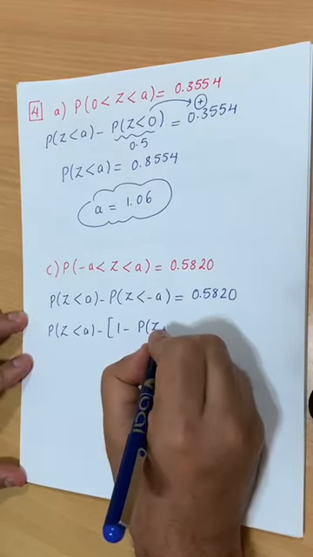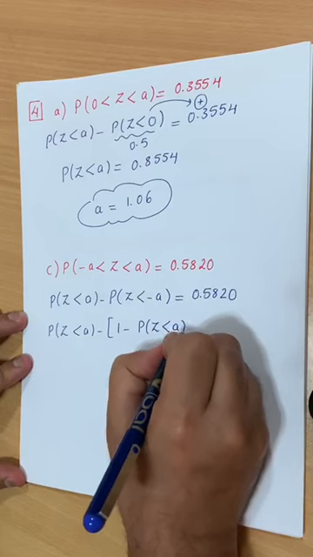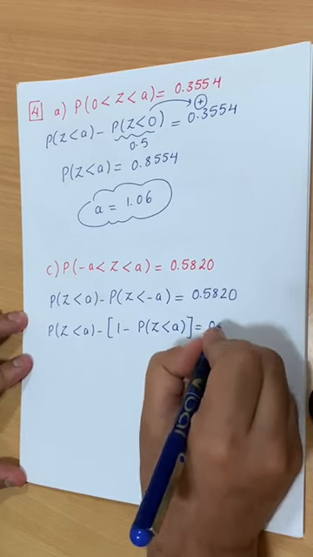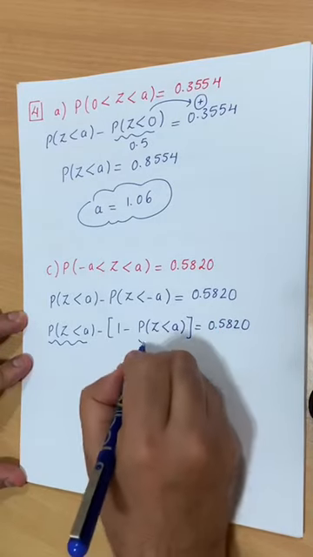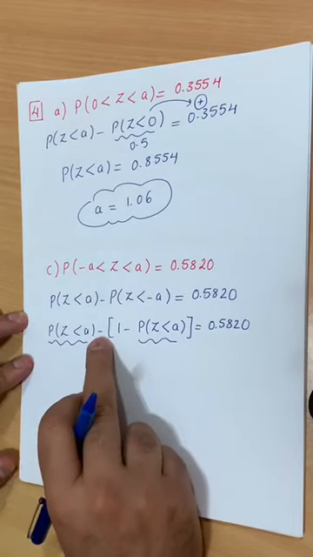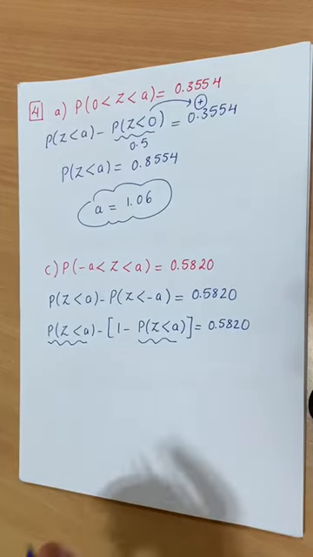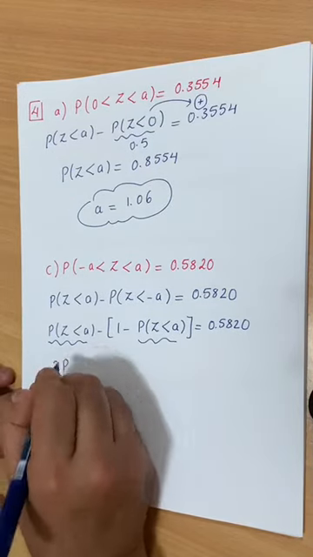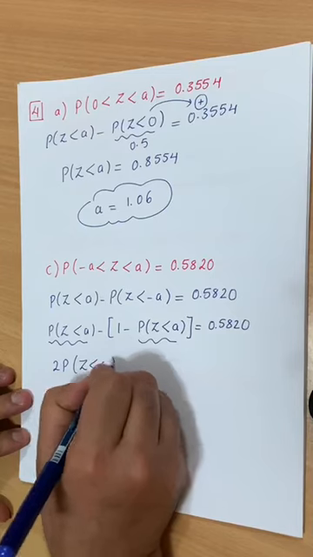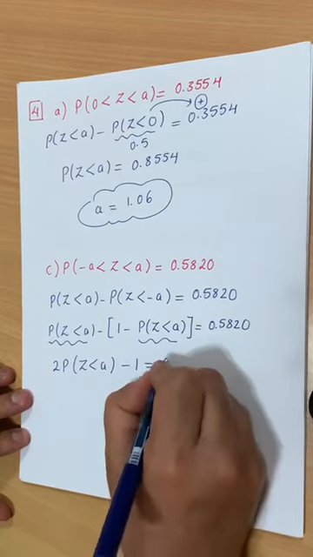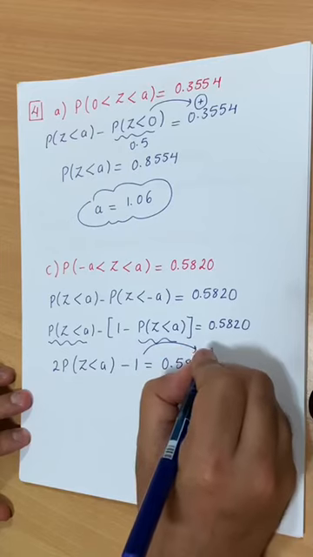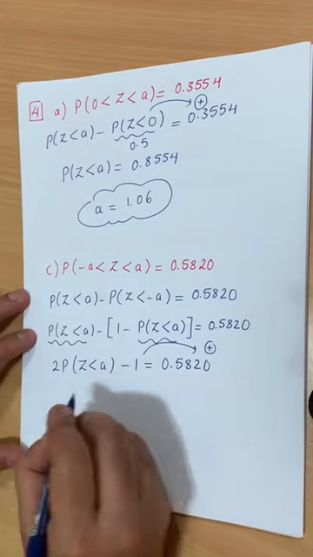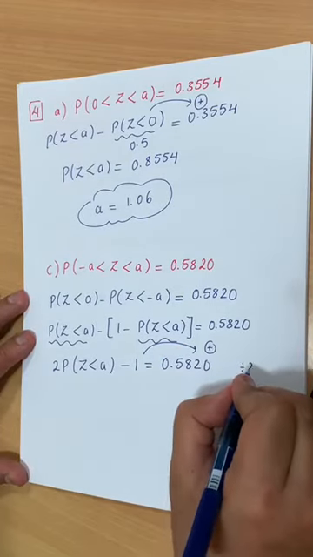So when you expand the brackets, you change the signs. So you have 2 probability of Z less than A minus 1 equals 0.5820. You move negative 1 to the other side as positive sign, then you divide both sides by 2.